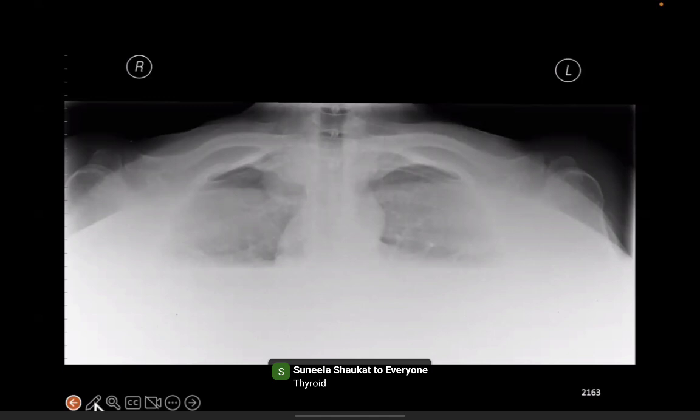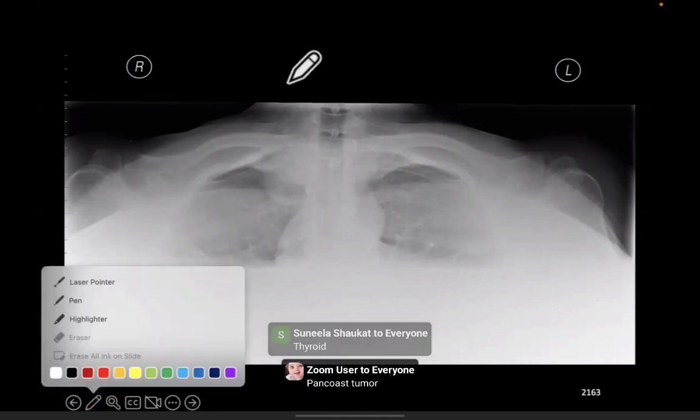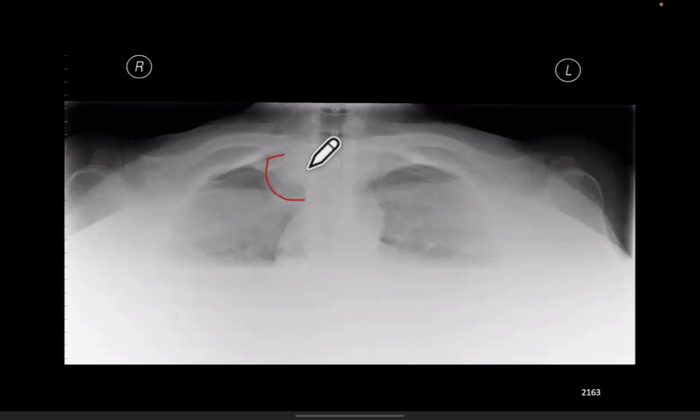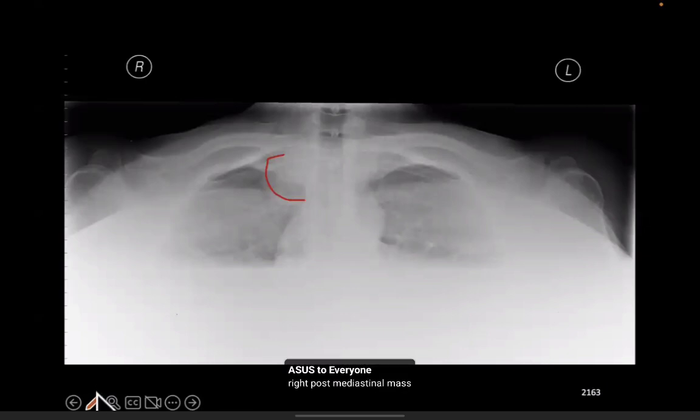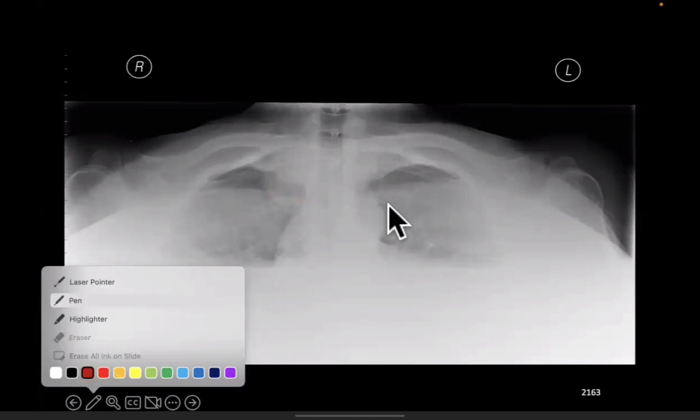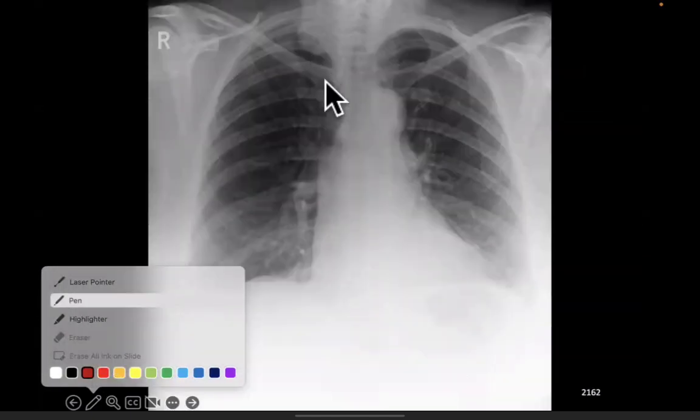This is an apical view. So the lesion is here. They're the breast shadows, but the lesion is well defined above the clavicle. Sorry, below the clavicle, but obviously above the clavicle on the ordinary view. So if I just go back, it's above the clavicle here.